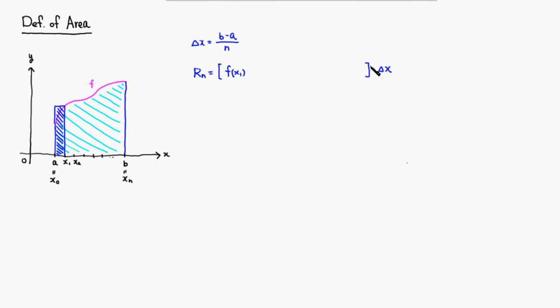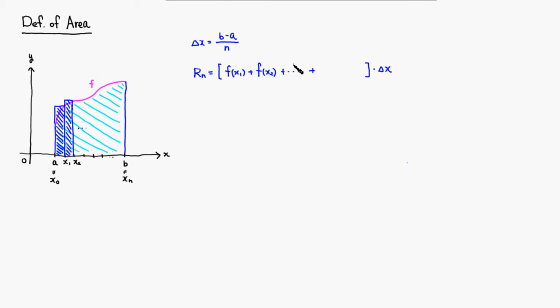For the second one, use the right endpoint, which is at x2, then determine the height using that. So the height is going to be f of x2. I'm going to add f of x2 times the width, which is again delta x. You keep on doing that. I'm going to say dot dot dot so that we don't have too many. We're going to keep on adding those approximating rectangles.